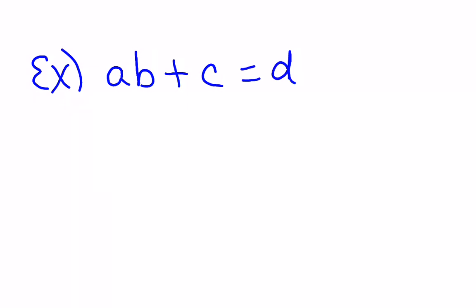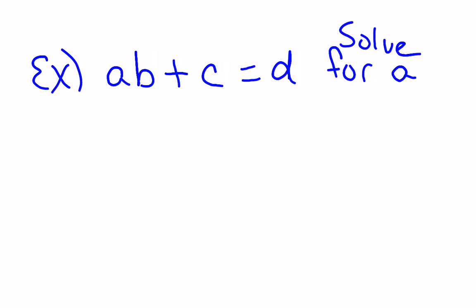All right, let's look at another example. We're going to look at ab plus c equals d, and we're going to solve for a. So right now it's solved for d technically because d is all by itself, but we want to solve for a. So that means we have to get rid of the b and the c.